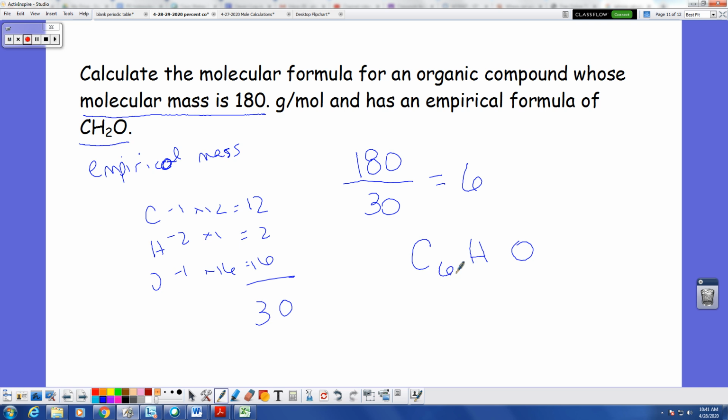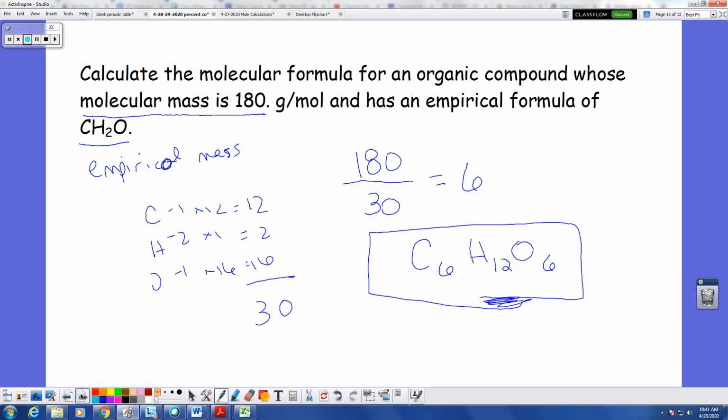So C6H12O6. That should be a familiar formula. That is glucose. You've used it every day of this unit, I believe. So that is the molecular formula. You're given the molar mass, you have to find the empirical mass, and then you have to solve for your compound.